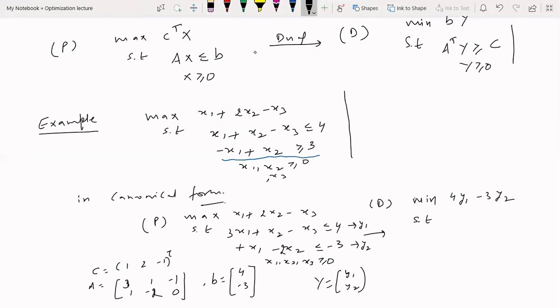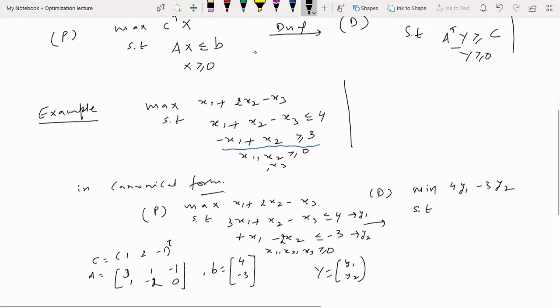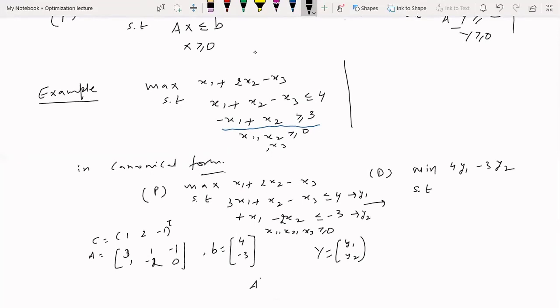Now, subject to the constraint, what? Here is the A matrix. I have to multiply A transpose into Y, because the constraint here is A transpose Y. So what is my A transpose Y? A transpose Y is nothing but the rows becoming columns and columns becoming rows. So my first row is 3, 1, minus 1, and then 1, minus 2, 0, multiplied with y1, y2.